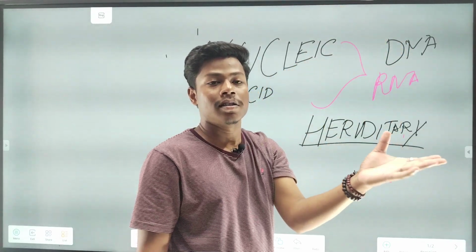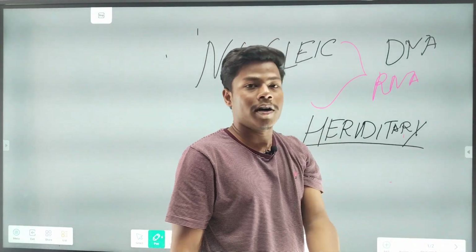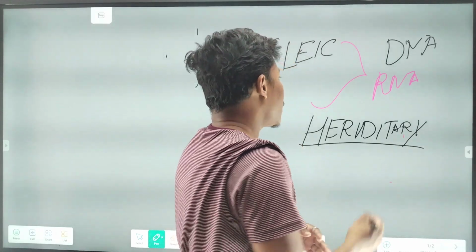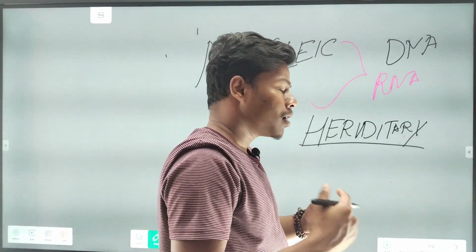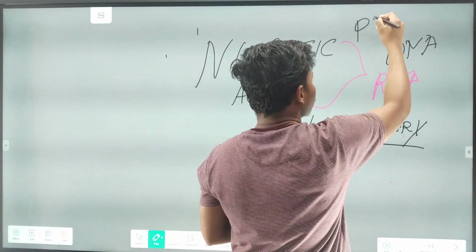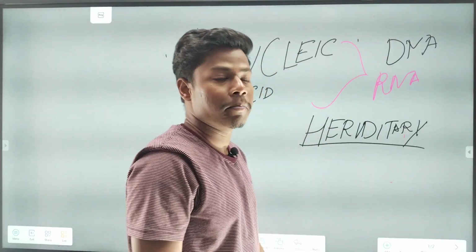Viruses also contain DNA and RNA, but a virus will contain either DNA or RNA. And there are also prions, which contain protein as the genetic material.